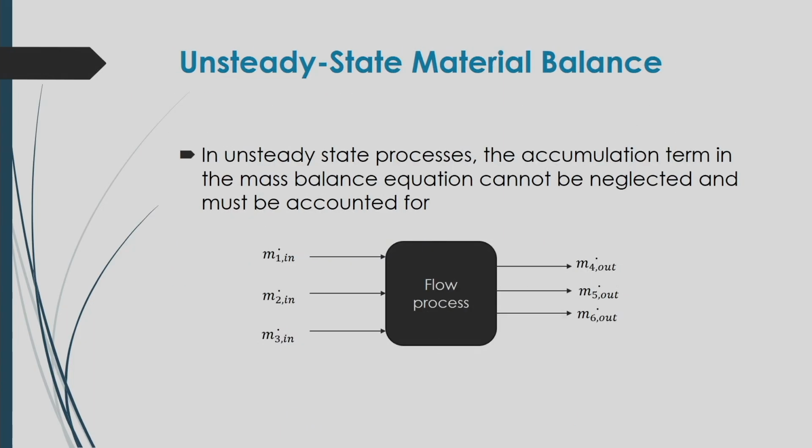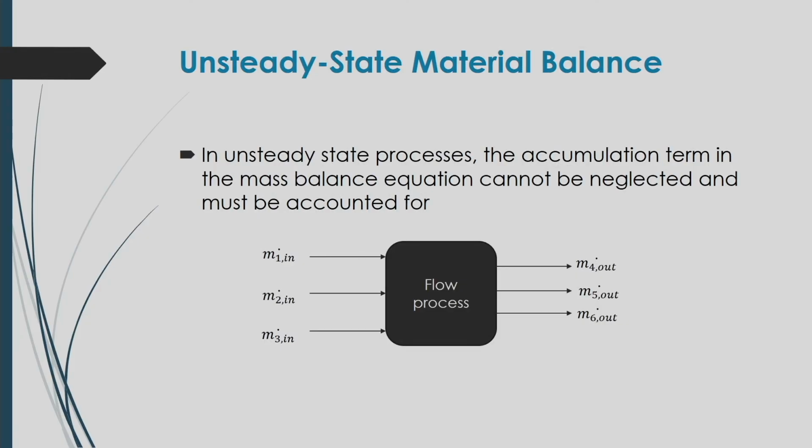Now if I consider the unsteady state material balance, in unsteady state processes the accumulation term in the mass balance equation cannot be neglected and must be accounted for. If there is a steady state process, that means there is no accumulation, and in that case it is input and output plus generation minus consumption.